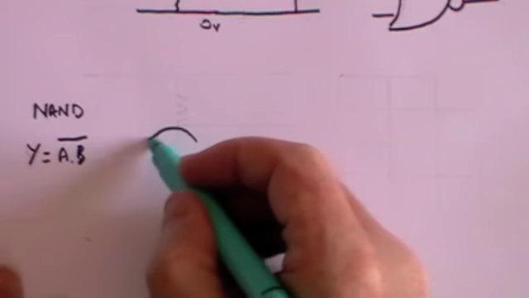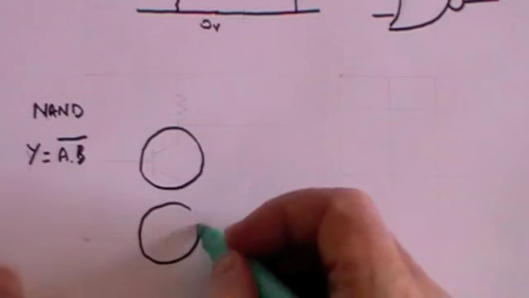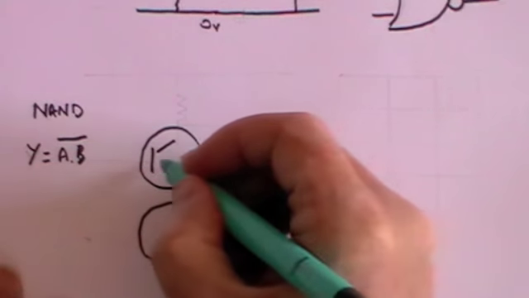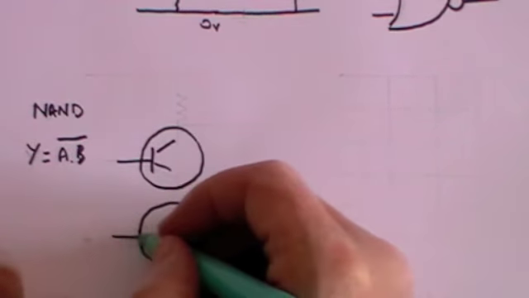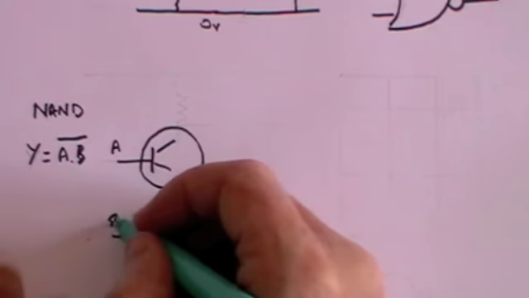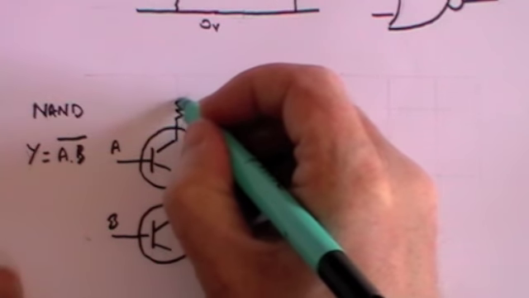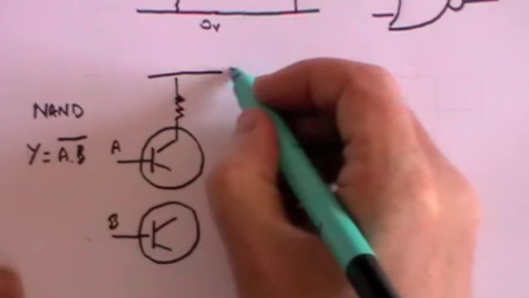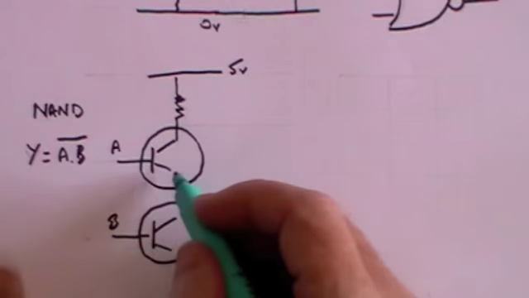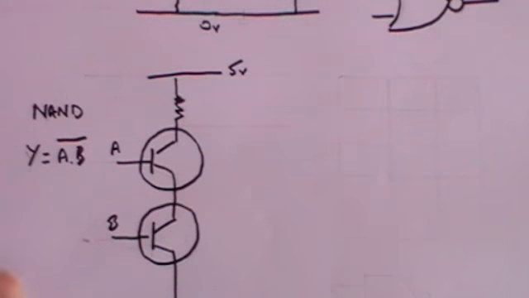And the way we design that, we again need 2 transistors, and each of those will have an input, and those are going to be our inputs A and B. We're going to go up through a resistance here to the 5-volt level, and we're going to connect these two, come down here to a 0-volt level.